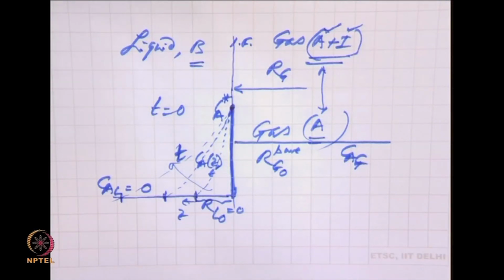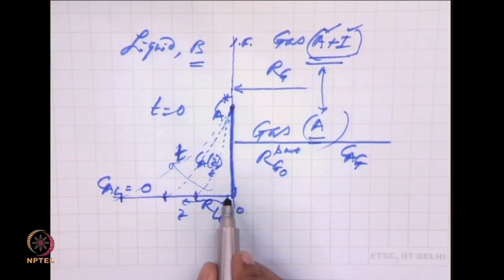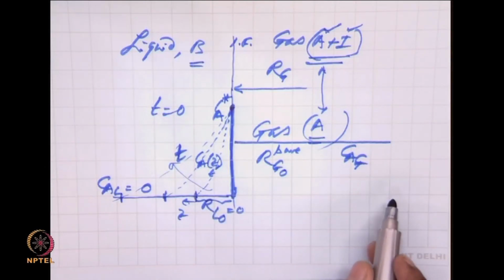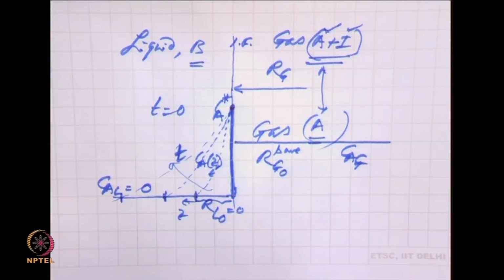You may envisage that at some time the liquid phase resistance is so large compared to the gas phase resistance that, for argument's sake, the gas phase resistance is only 10% of the total.